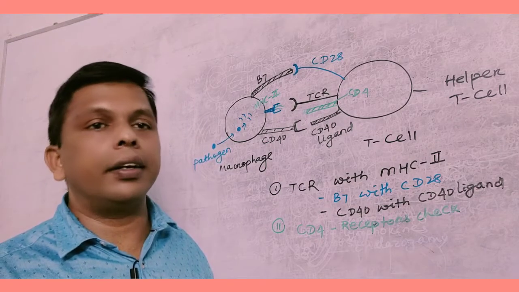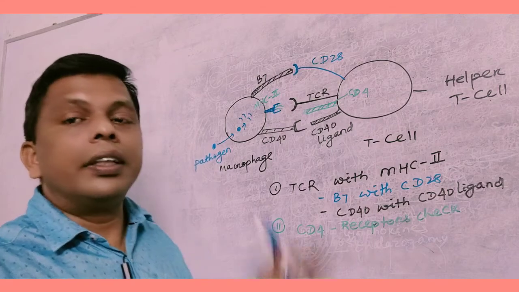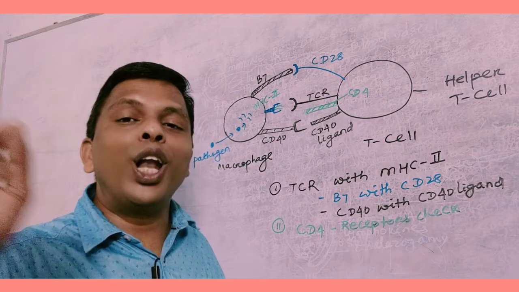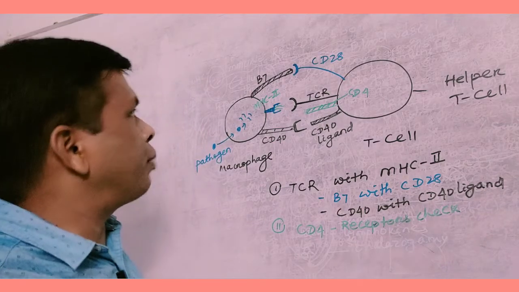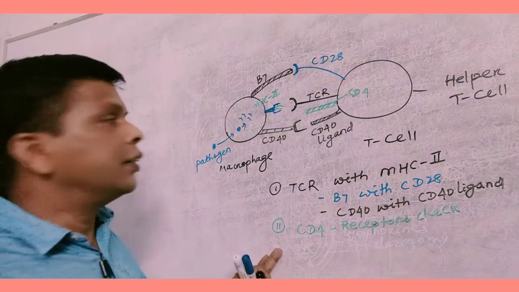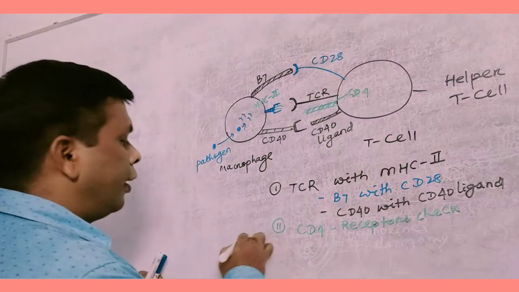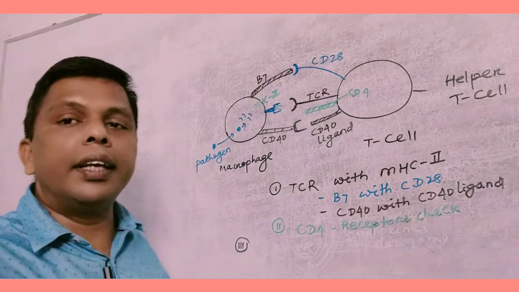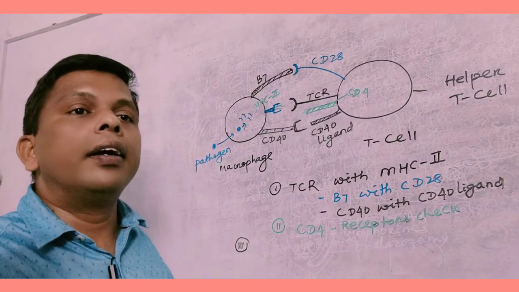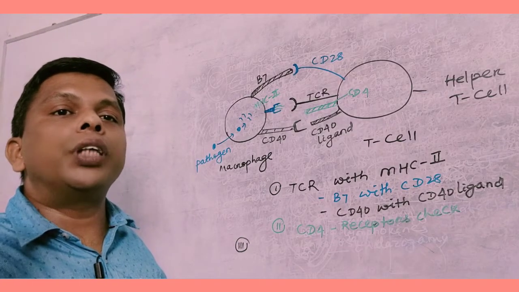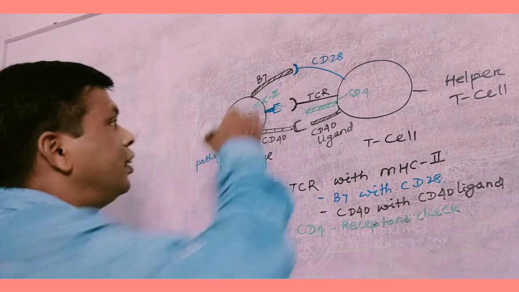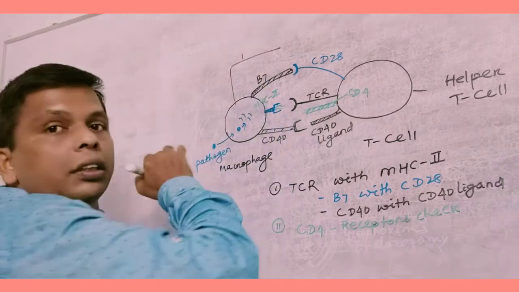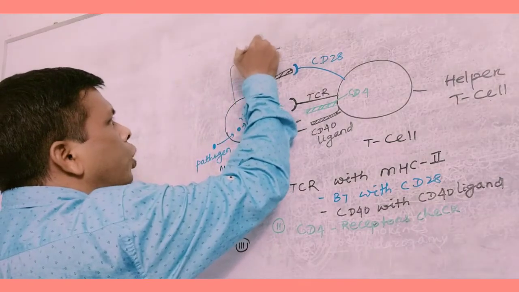What happened then? Now the chemical phase appears. This is the molecular phase. What happens in the chemical phase? First, in the chemical phase, the macrophage cell starts producing interleukin. The interleukin released here is interleukin 12.